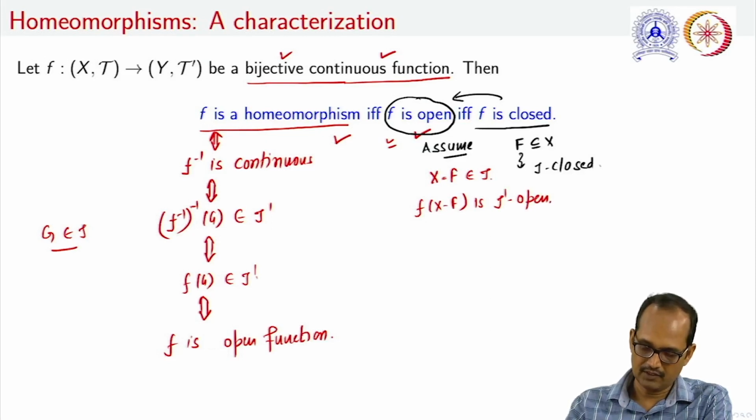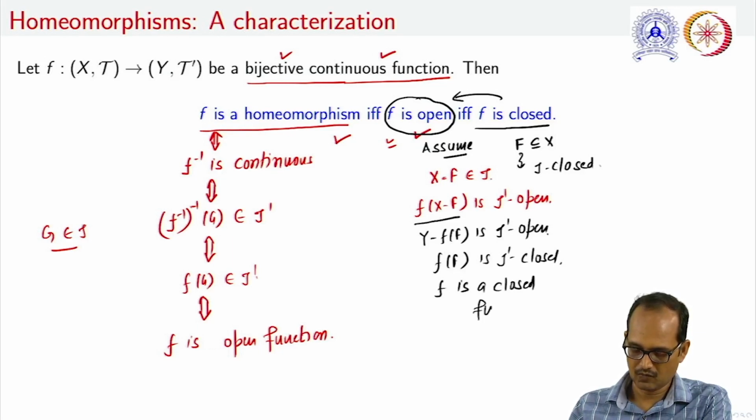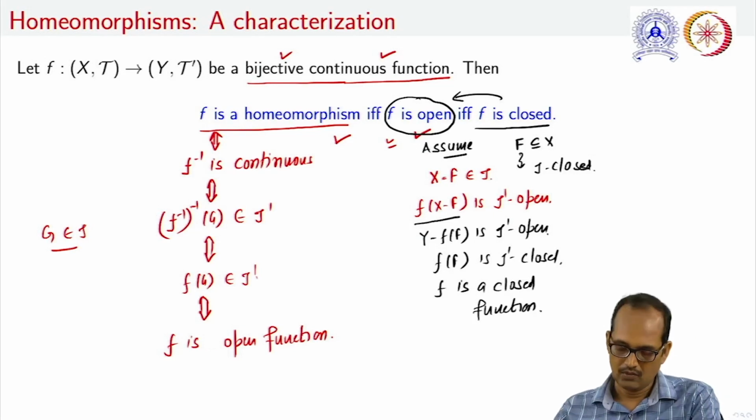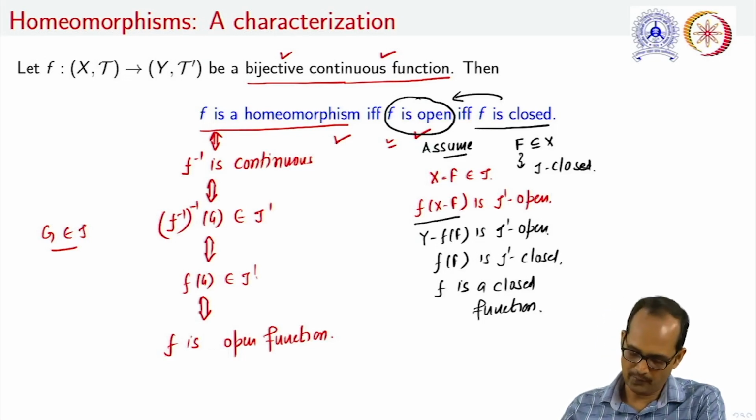As the function is bijective, this is equal to Y minus f of F, which is tau dash open, or this f of F is tau dash closed, or simply f is a closed function. Similarly, if we are taking f as a closed function, we can justify that f is open.